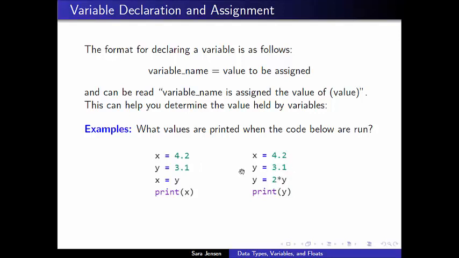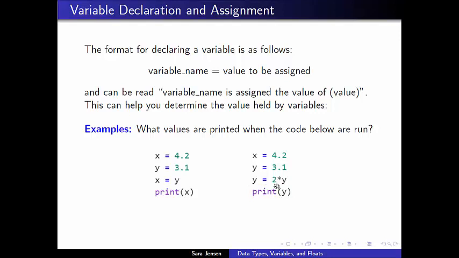The first two lines of the code over here on the right are exactly the same, so we don't necessarily need to step through that. Let's think about what is happening in this line right here, because I have a y on the left and a y on the right.